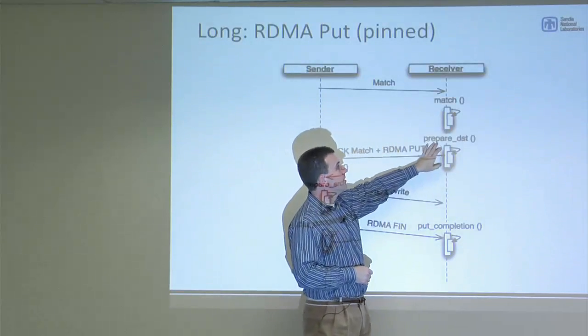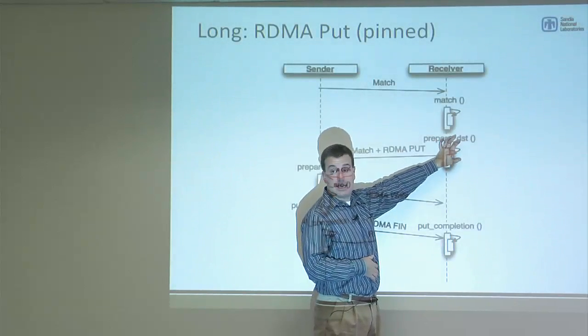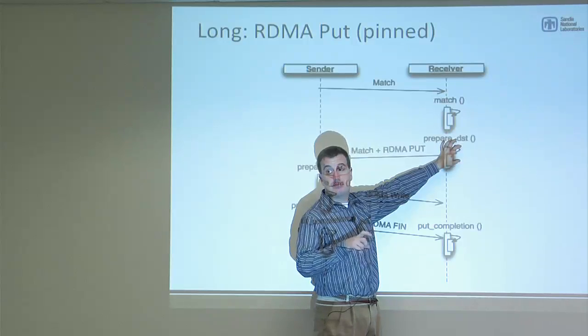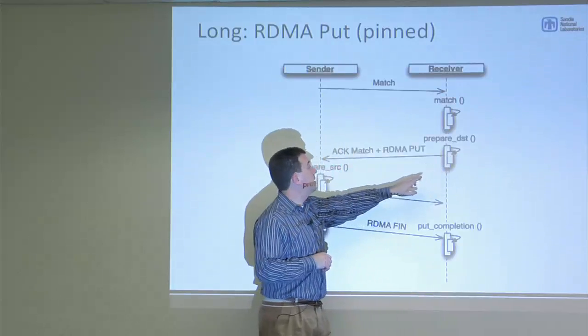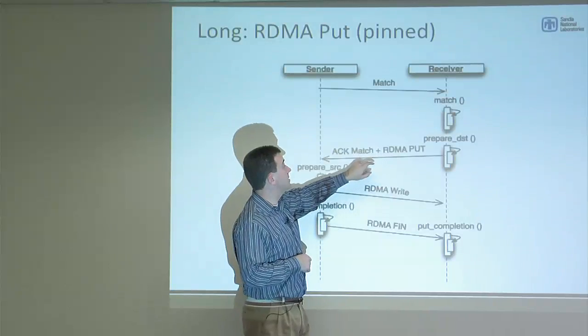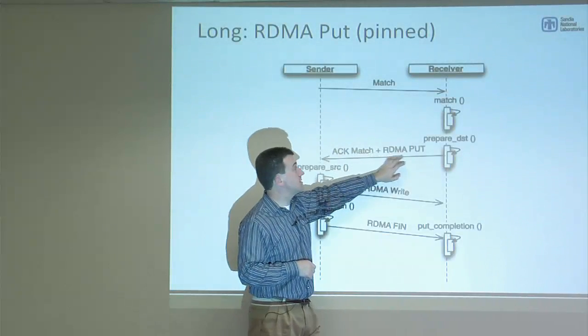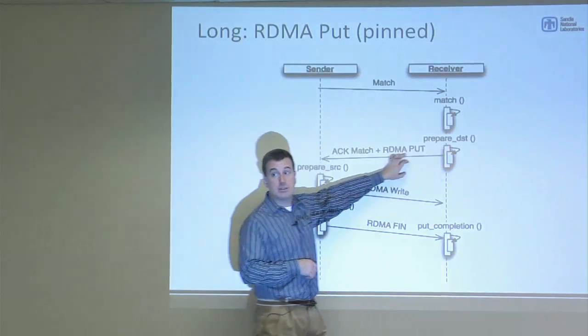The receiver eventually matches and calls prepare dest to prepare the receive side buffer for receiving an RDMA put operation. And then there's a BTL send to send an ACK with all the match data and the R key that came from this prepare dest.